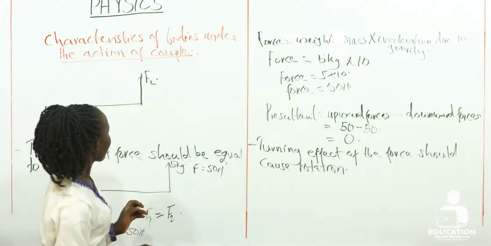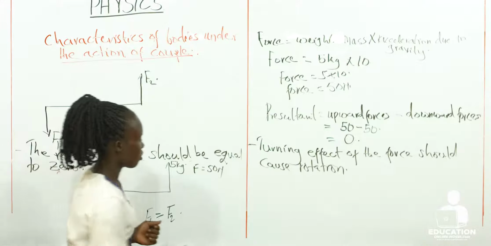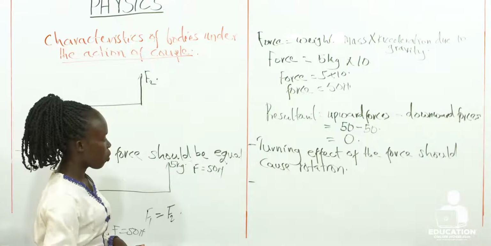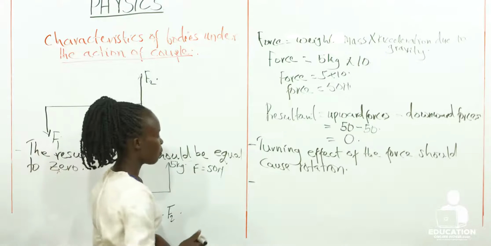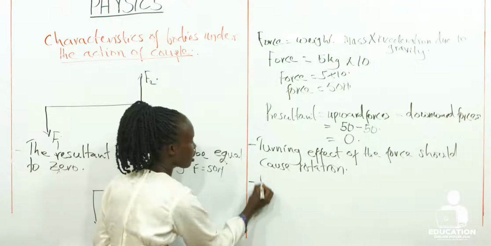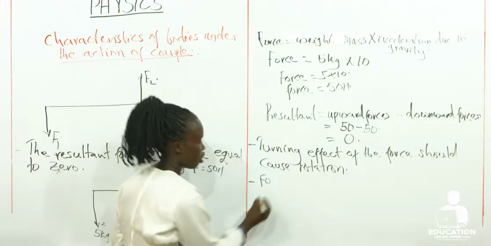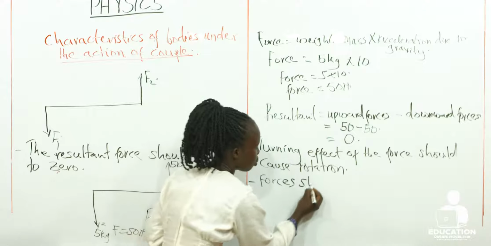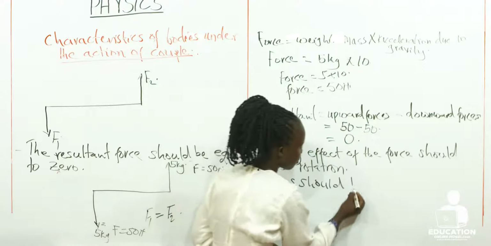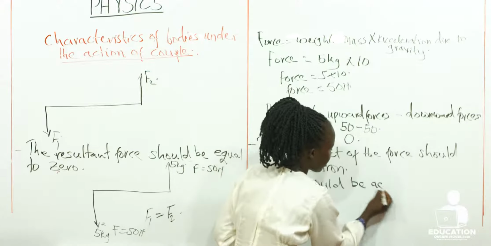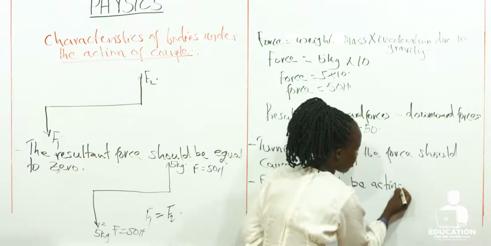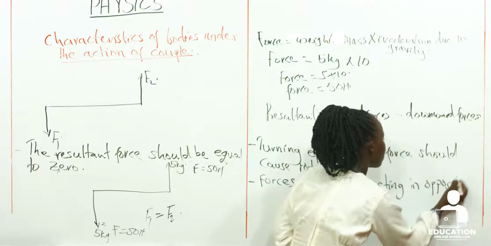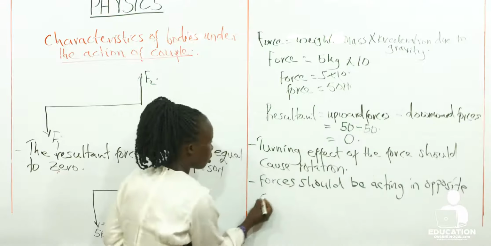What is another characteristic of these bodies that are under the action of a couple? We are saying that the forces should be acting in opposite direction. So this is the third one. Should be acting in opposite direction.